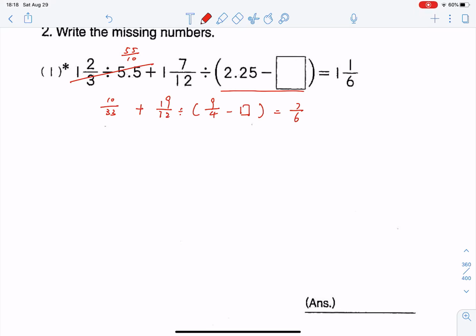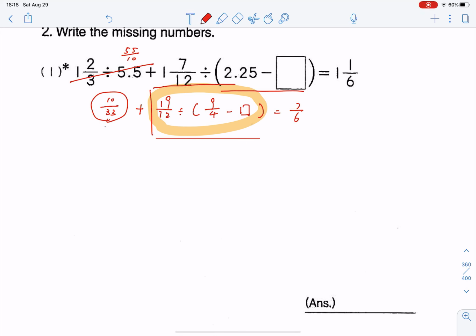Okay, so over here, this is what you're trying to find out. I have the whole part over here, which is this. I can't solve this because one of the elements is missing, and it's divided by, so I kind of have to ignore that. But in order for me to know the value of this whole thing, it's actually not that difficult because I have 10 over 33 plus that big thing here equal to 7 over 6.